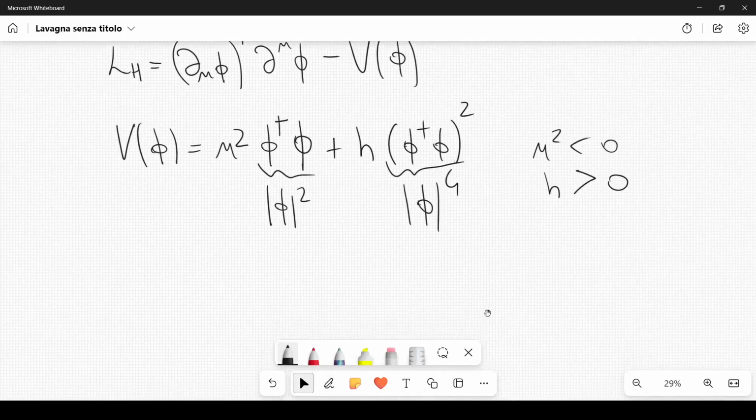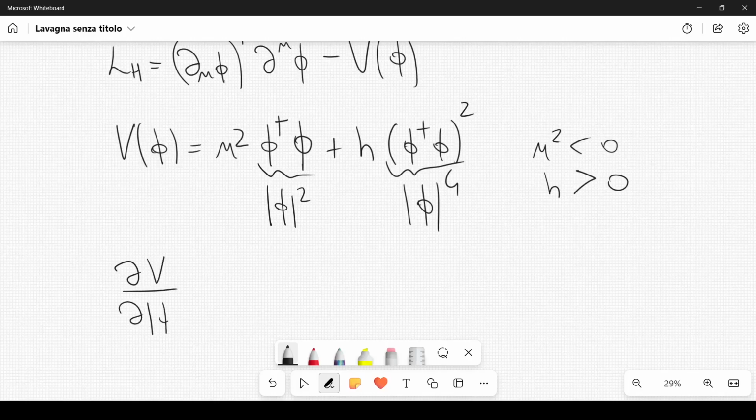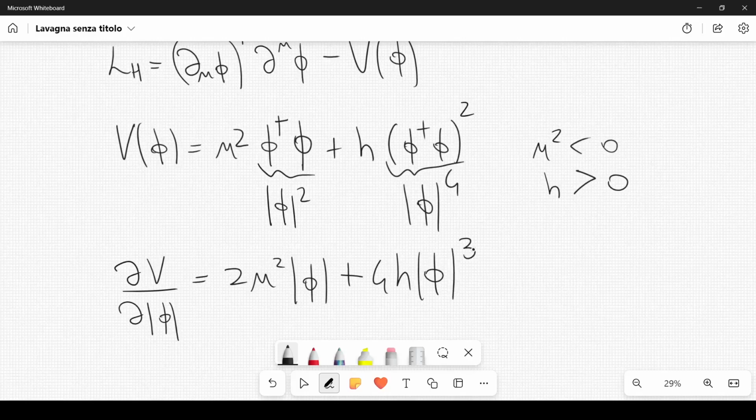Now, if we consider the derivative of the potential with respect to the modulus of φ, what we get is 2μ² |φ| plus 4h |φ|³. Since μ² is negative, this expression has a minimum value.